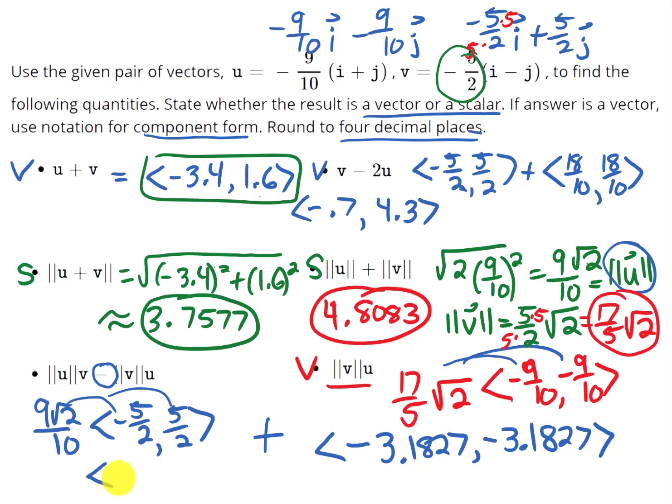So calculator, 9 square roots of 2 times negative 5 divided by 20, and then I'm going to add to that. I put a plus here, and these are going to be plus because what I was supposed to do was subtract the negatives. So plus 3.1827, and actually that is interesting. So that gives me 0.